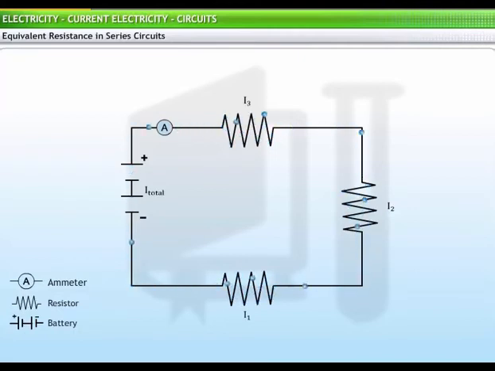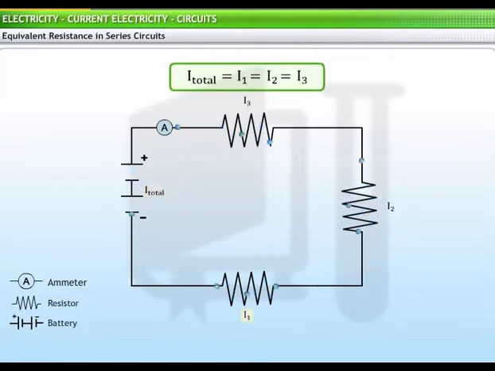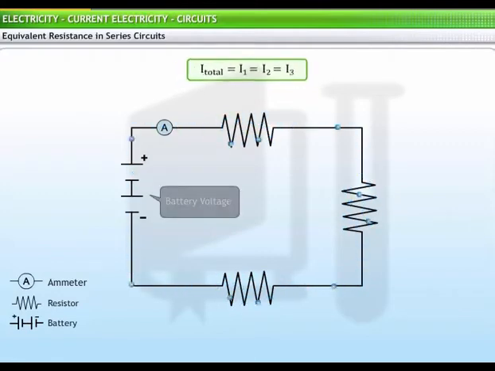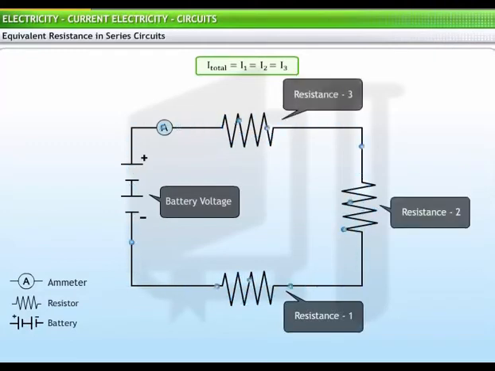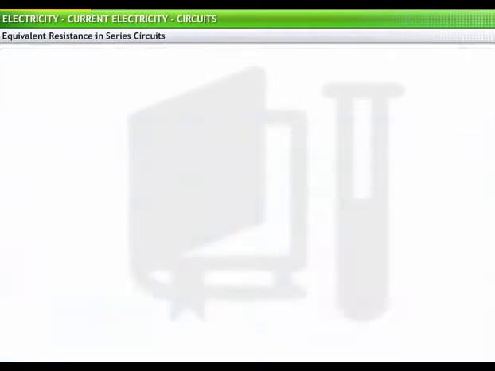Mathematically, you can write I total is equal to I1 is equal to I2 is equal to I3. You can calculate the current if the battery voltage and the resistance of individual resistors are known. Using the individual resistor values and the equation above, you can compute the equivalent resistance.